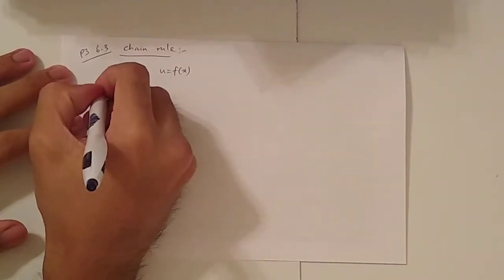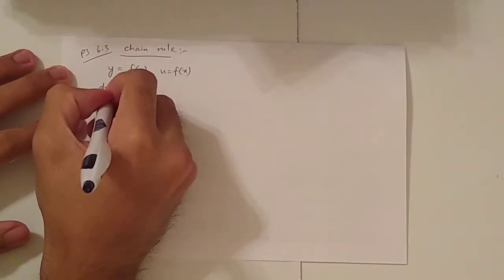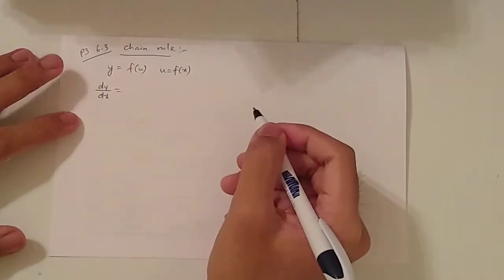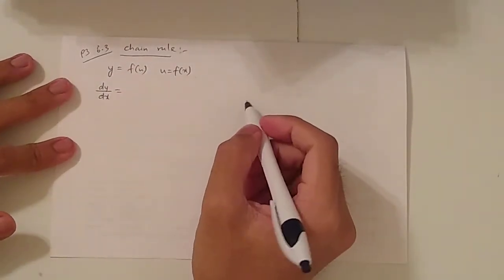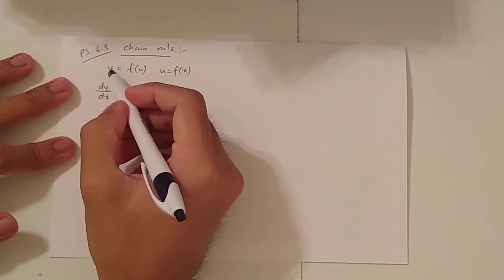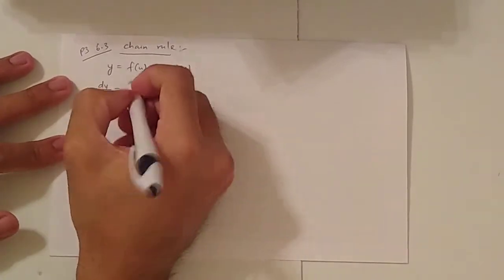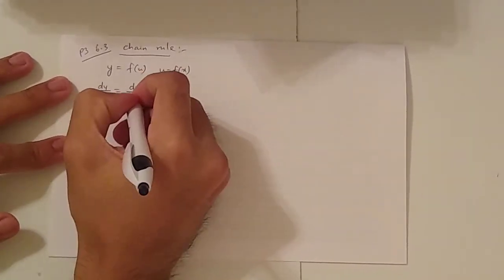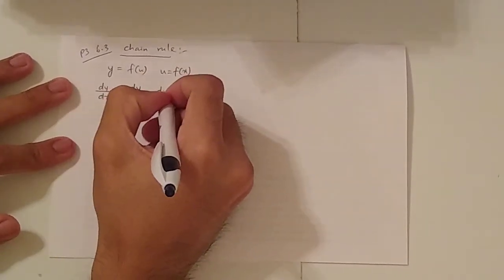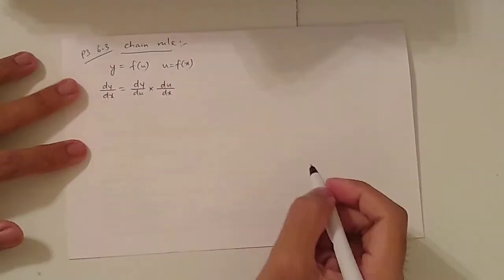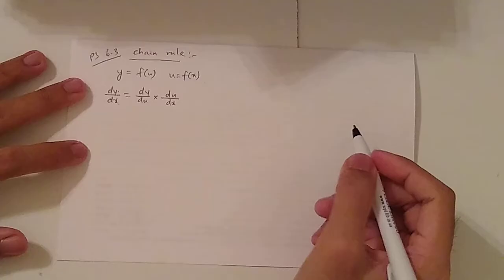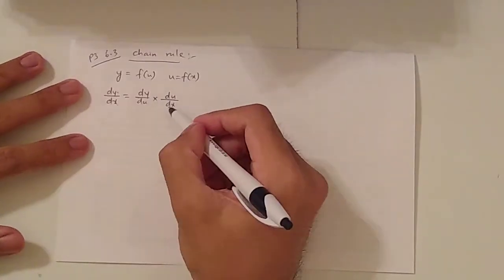And if you want to find the relationship of dy by dx, we can find it by using the derivatives dy by du and du by dx. So dy by dx is equal to dy by du into du by dx.